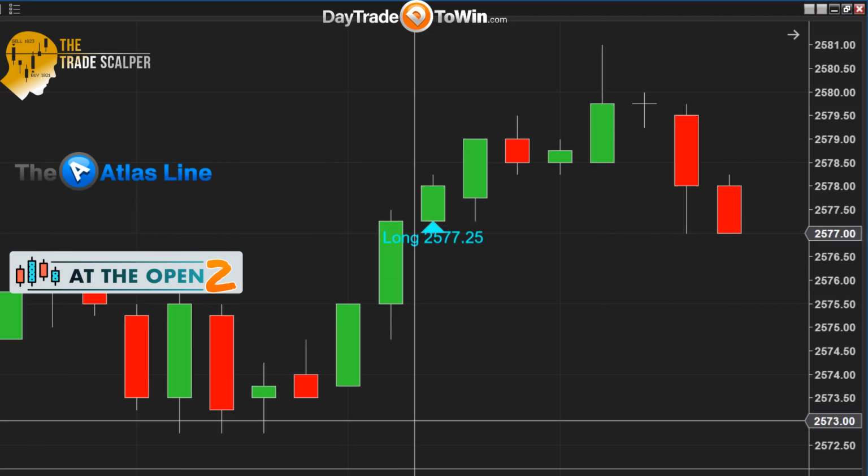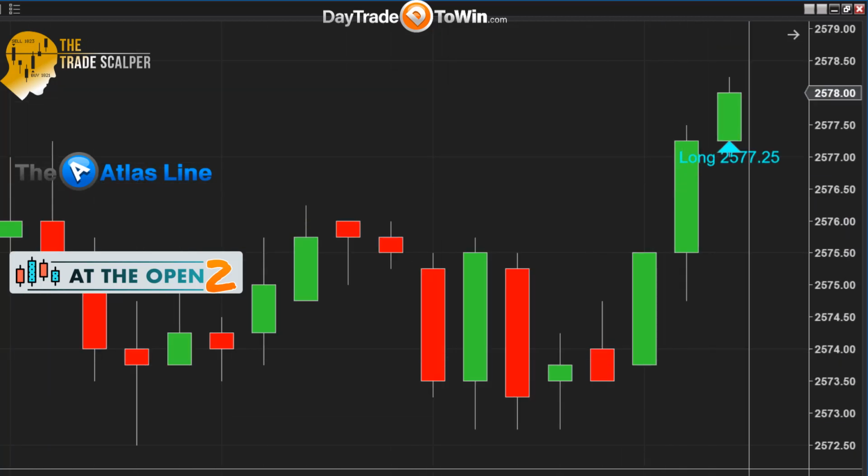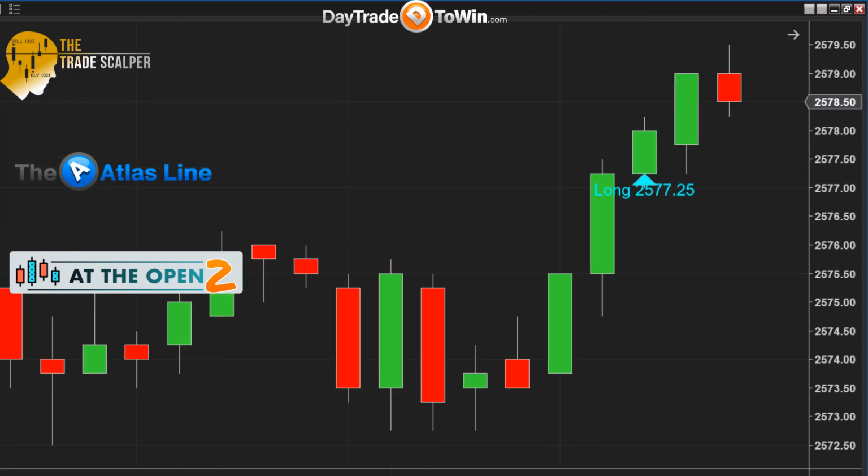So even here, if you look at this signal here, the ATR is 1.75, right? I'm rounding down to the nearest quarter point. So the maximum risk that you should have in this trade is, say, 3 points. So 3 points is $150 on this trade. The target, 4 ticks.